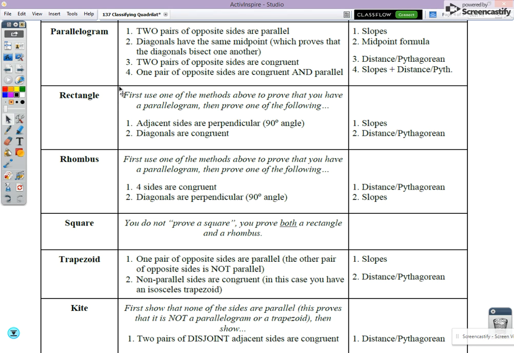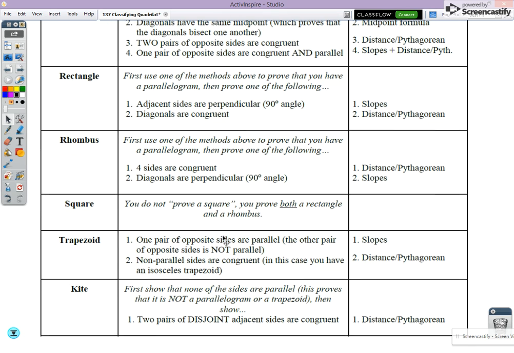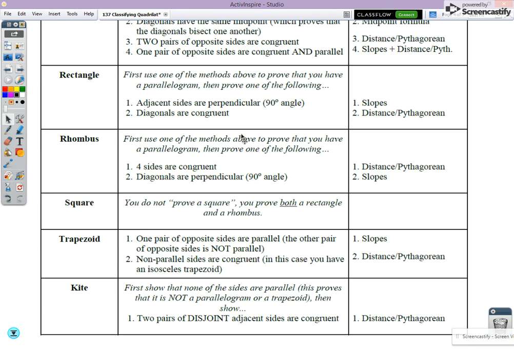These are all parallelograms, but I've proved the basis for it being some type of parallelogram. And then on the right, it corresponds with what formulas or concepts you would need to use to prove this statement. It breaks down into rectangles, rhombuses, squares, trapezoids, and kites. So keep this handy, and we're going to use this in class as well to guide us through these proofs.